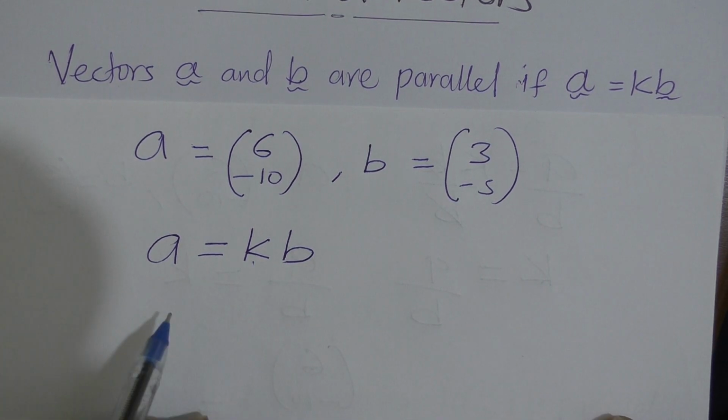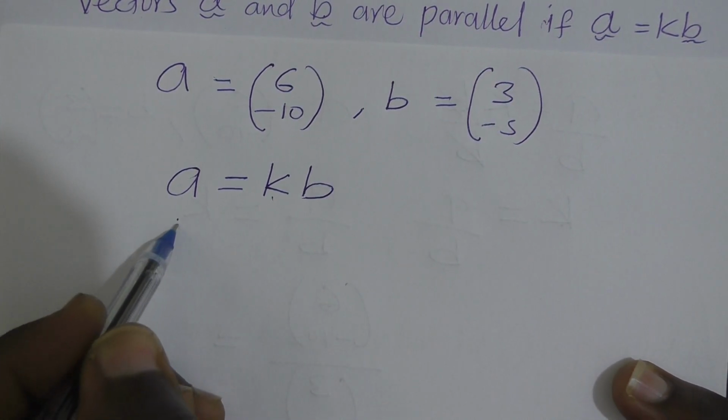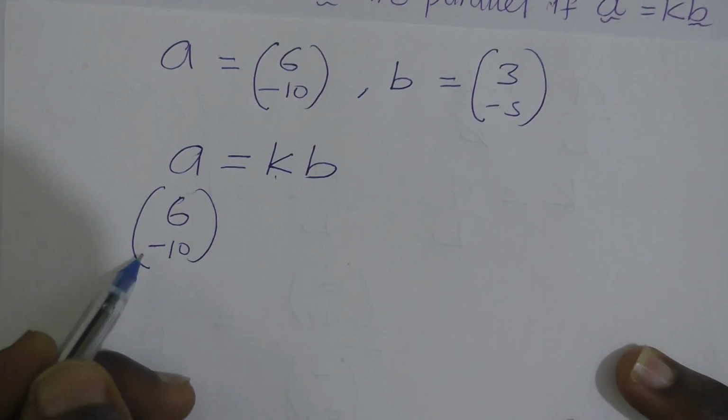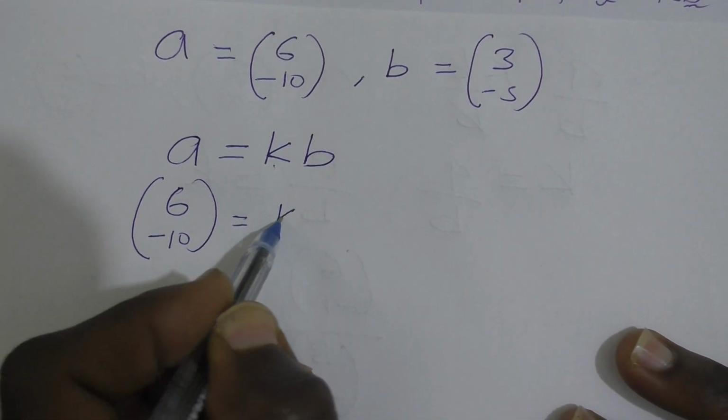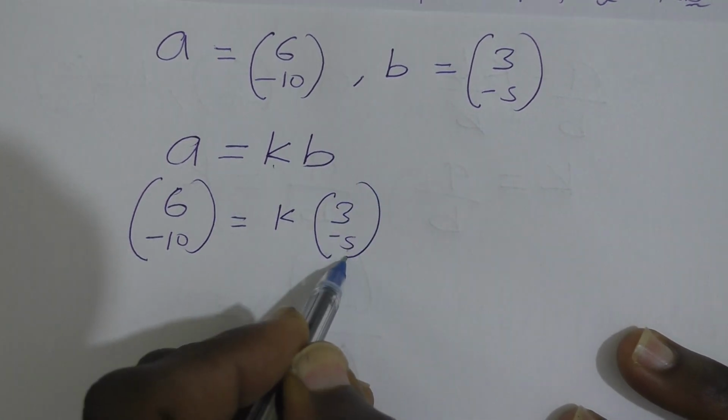So this is what we mean. If we substitute, A is (6, -10) equaling K times (3, -5).